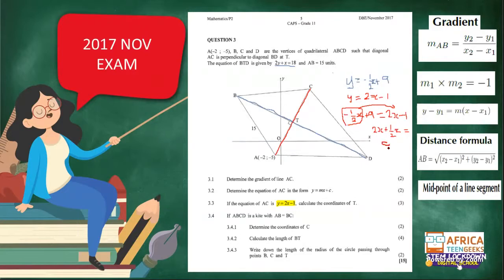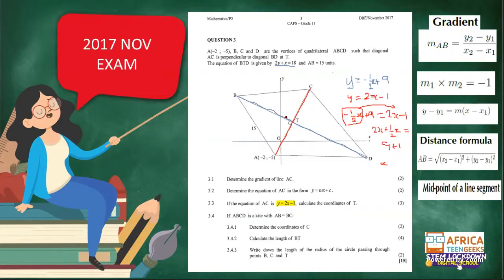So we'll have that being equal to 9 plus 1. And then you solve for x. Is that fine?